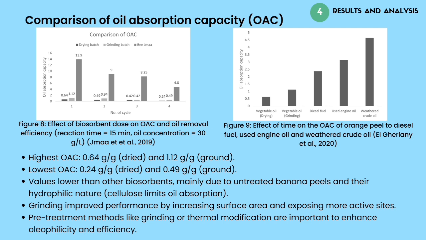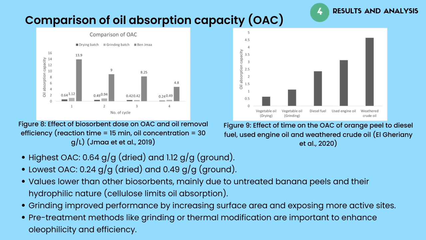This slide compares the oil absorption capacity between dried and ground banana peel biosorbents. The result shows that the ground banana peels achieve a higher OAC value of 1.12 g per g, while the dried peels only reached 0.64 g per g during the first cycle.